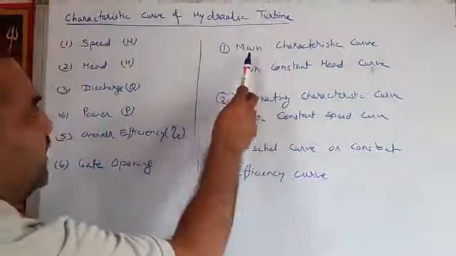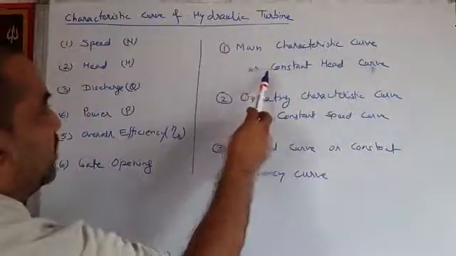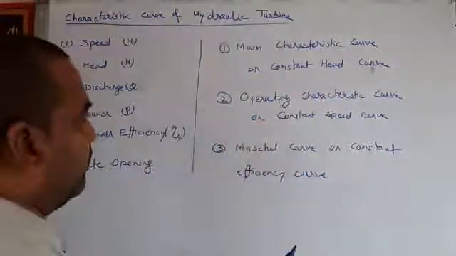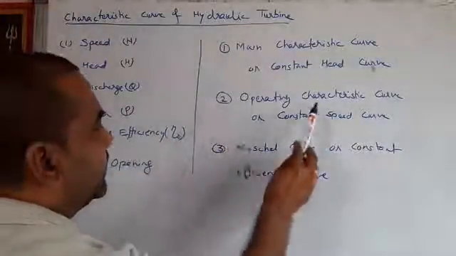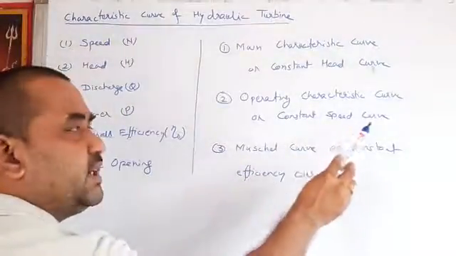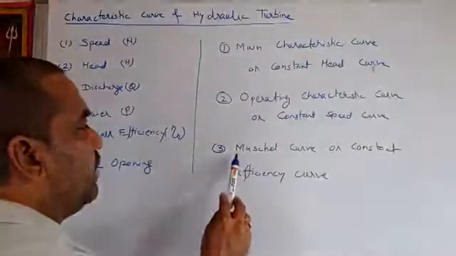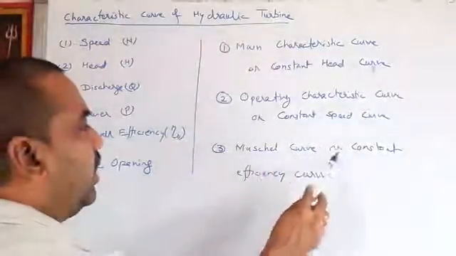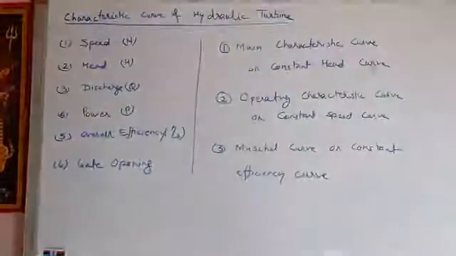First is the main characteristic curve, also called the constant head curve. Second, the operating characteristic curve, also called the constant speed curve. Third is the Muschel curve, or constant efficiency curve.